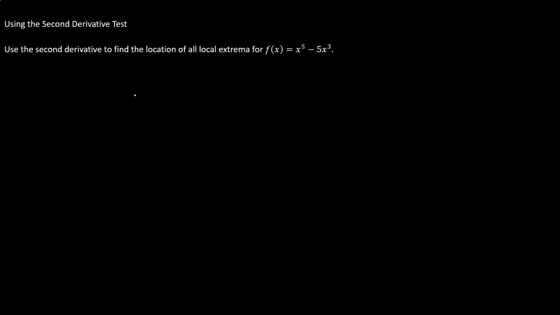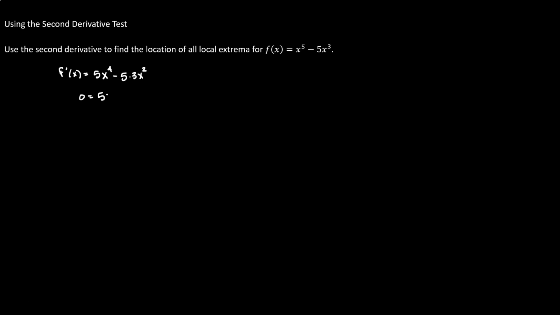Let's use the second derivative test to find the local extrema for the function f equals x to the fifth minus 5x cubed. So of course we're going to find our critical points the same way that we normally do. Take our first derivative, set it equal to 0, and solve. I'm going to factor out the common factors first.